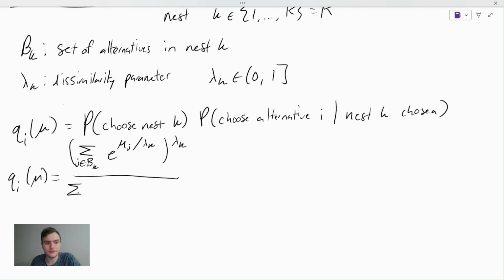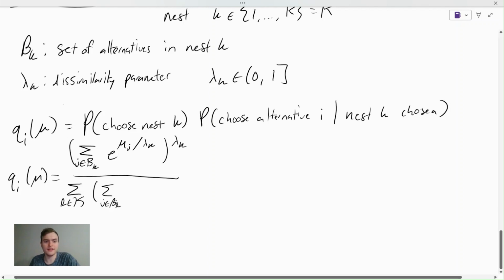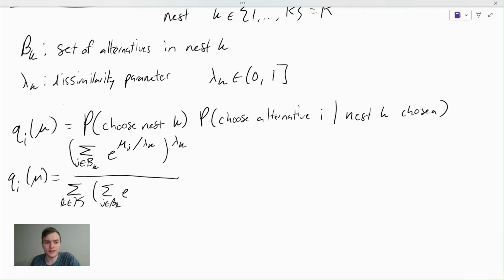So let's sum through nests L in K, our set of possible nests, where we would do the sum of alternative J in BL, the set of alternatives for nest L, e to the mu J over lambda L, to the power of lambda L.